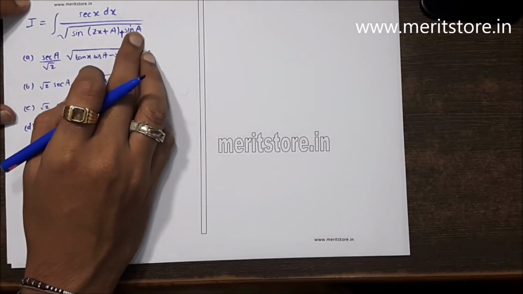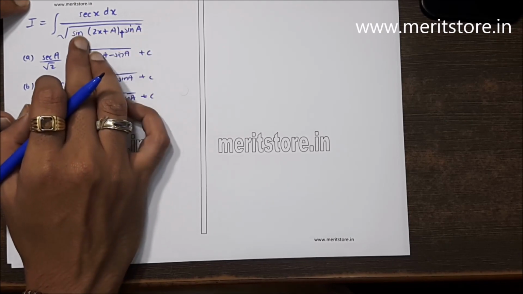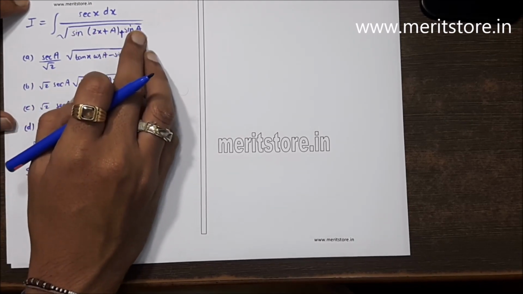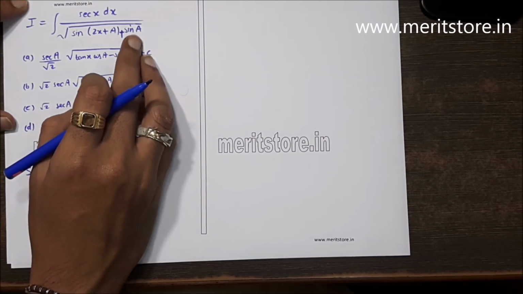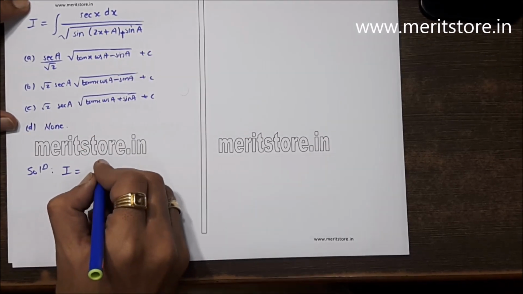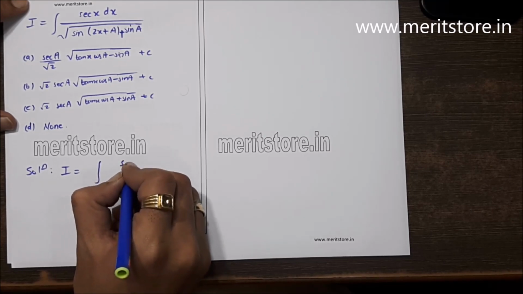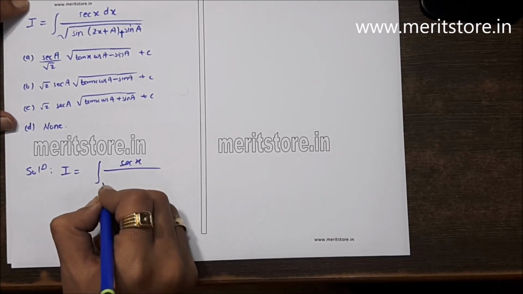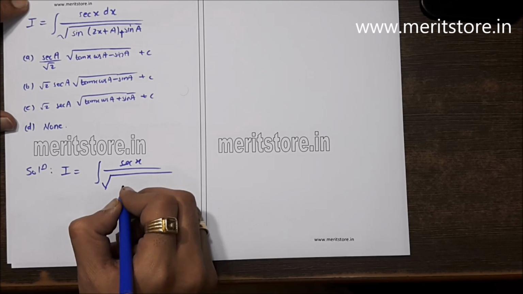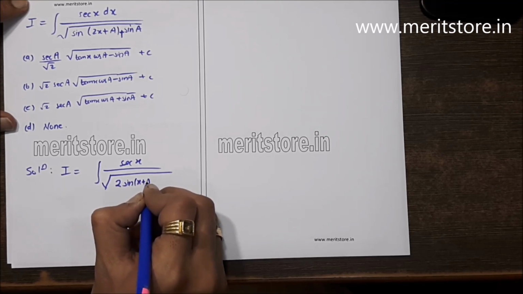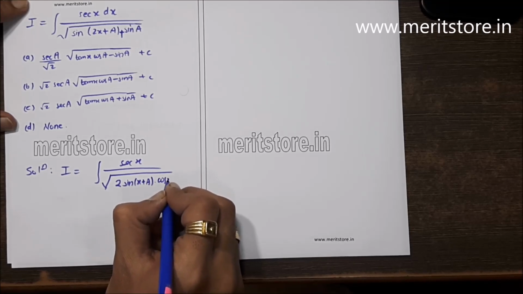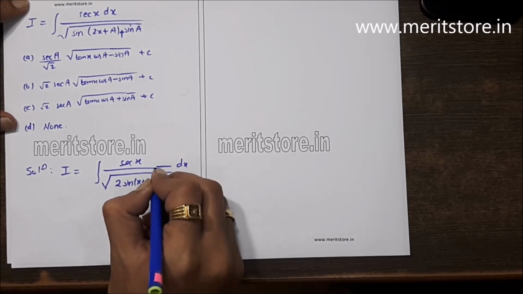In the denominator, I am applying the formula of sin c plus sin d, which is equal to 2 sin (c plus d) by 2 into cos (c minus d) by 2, and we will reach the step of sec x upon root of 2 sine of (x plus a) into cos x dx.